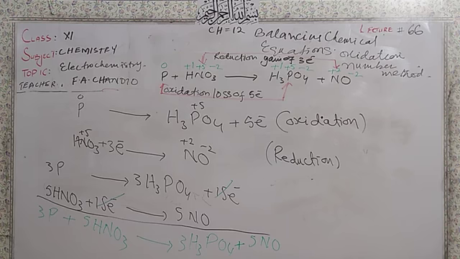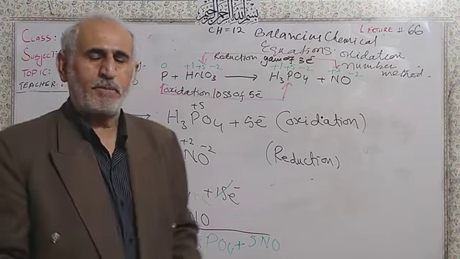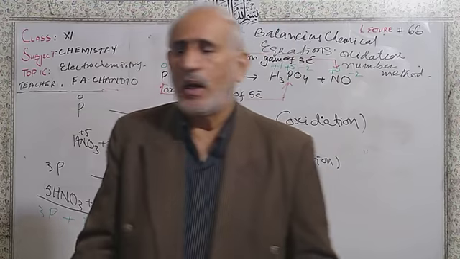So when we sum, you will get, then after this step, then you have to balance the rest of equation yourself by hit and try method. You have to balance rest of the equation yourself.